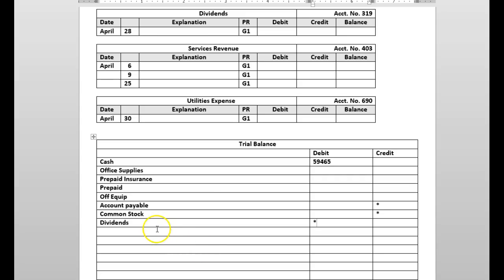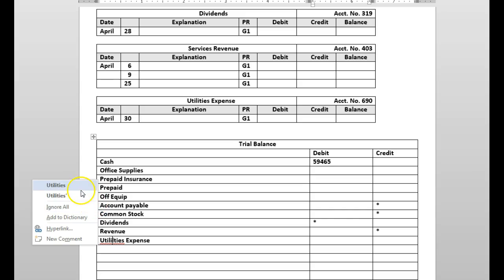Service revenue, you're going to pull off. What kind of balance does the revenue have? It has a credit balance. And finally, your expenses, which are utilities, is the only expense you have. It will have a debit balance.